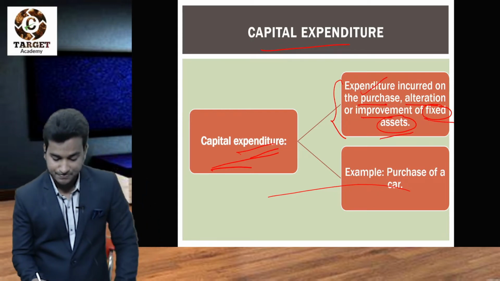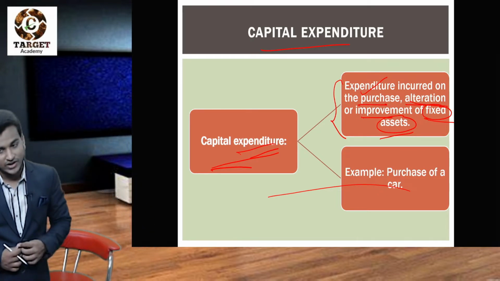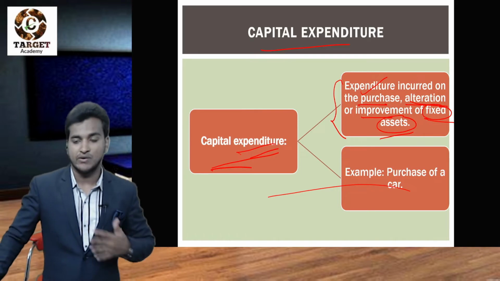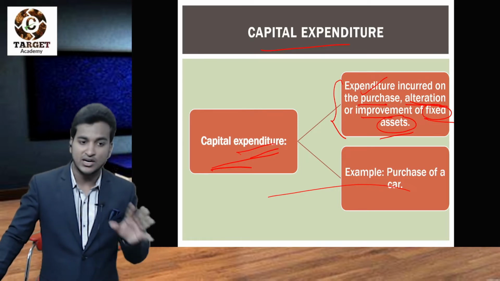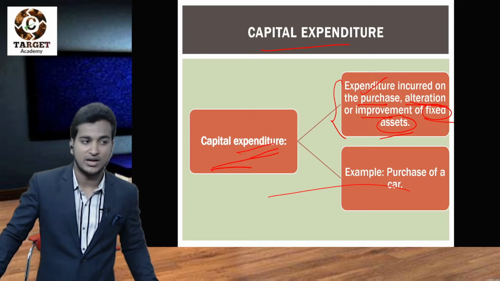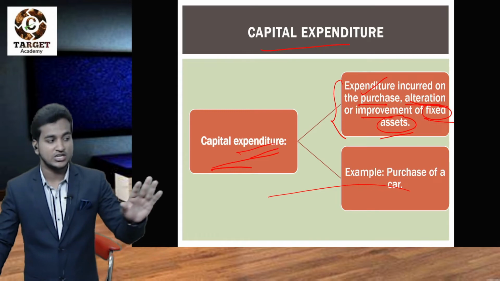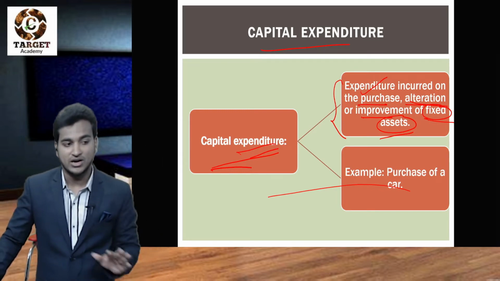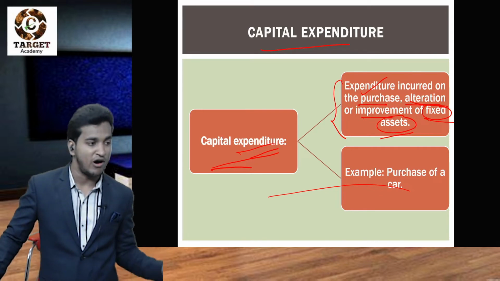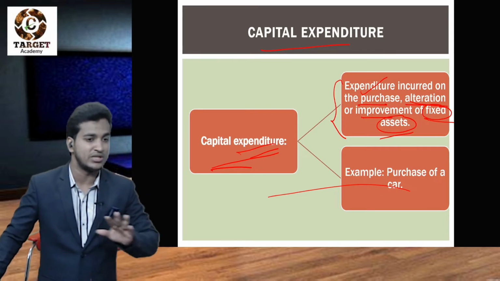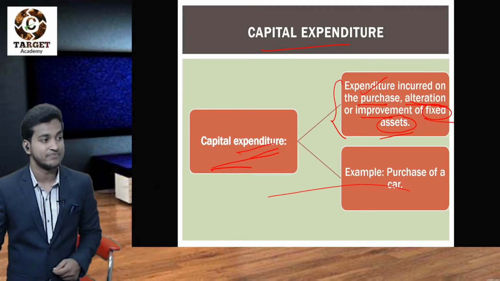Second one, alteration of fixed asset. For example, we have our own house for residential purpose. We are staying in that house. But now we are altering our residential house into a shopping mall. That means we are converting residential property to commercial property. We are altering our fixed asset.